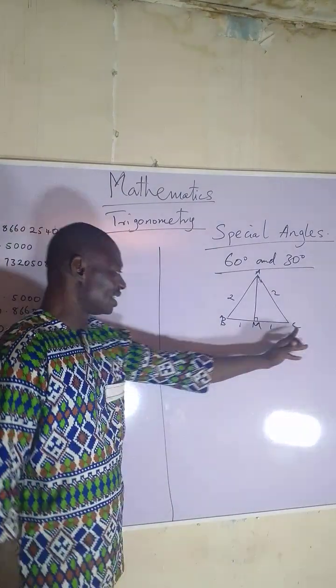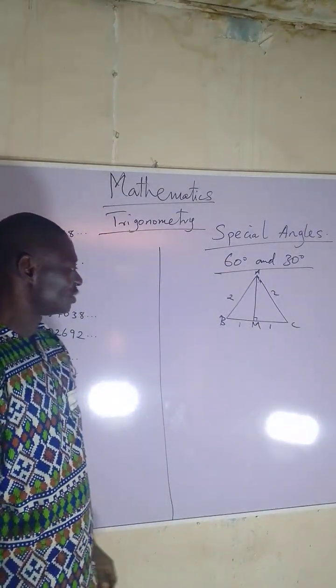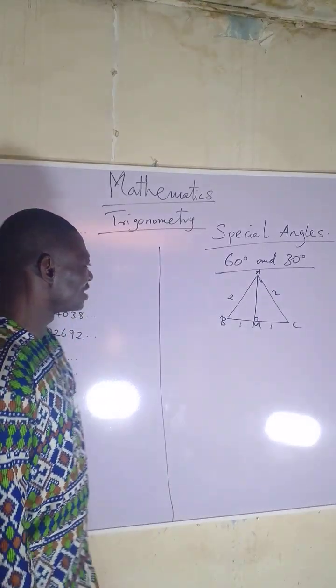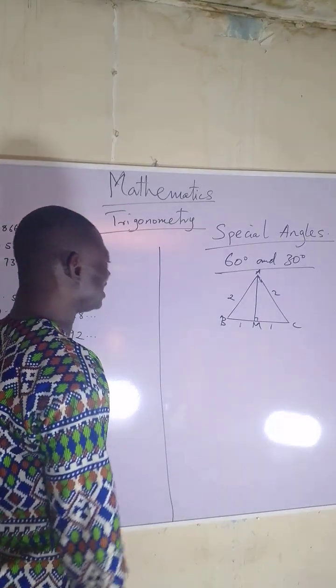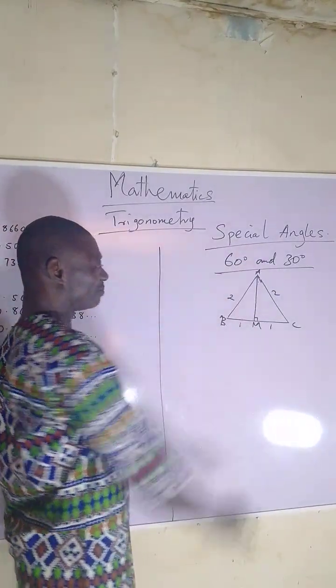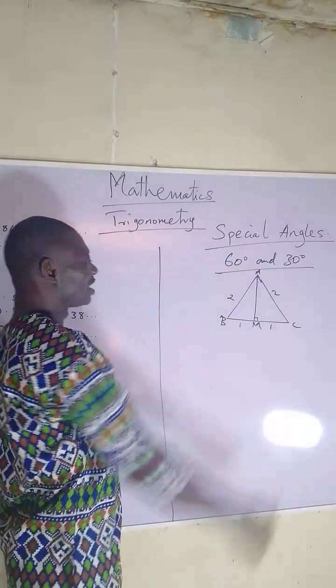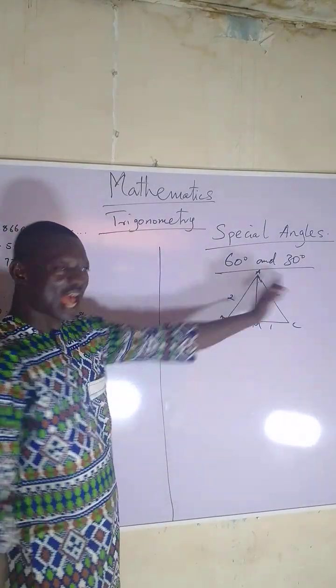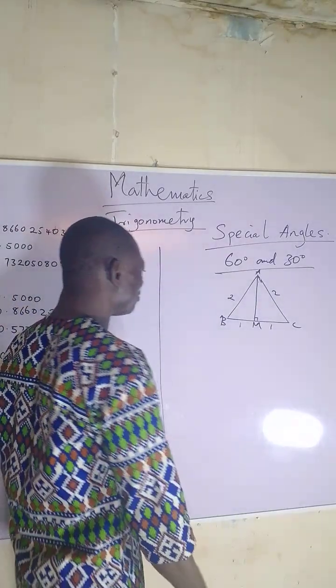Since BC is 2 and M is the midpoint, we can easily get AM to complete the third side of the right angle triangle. Let us do that immediately.